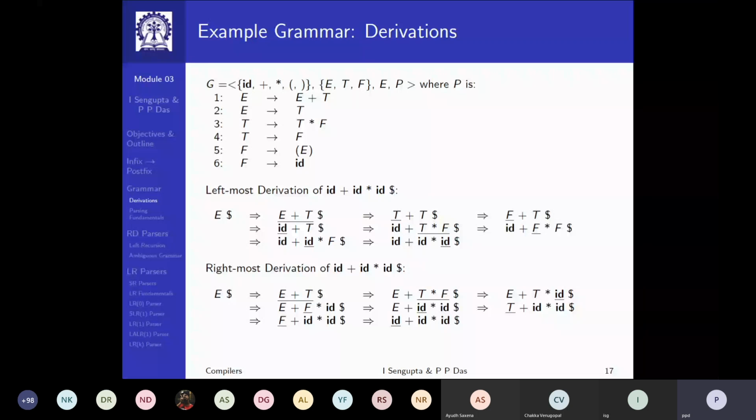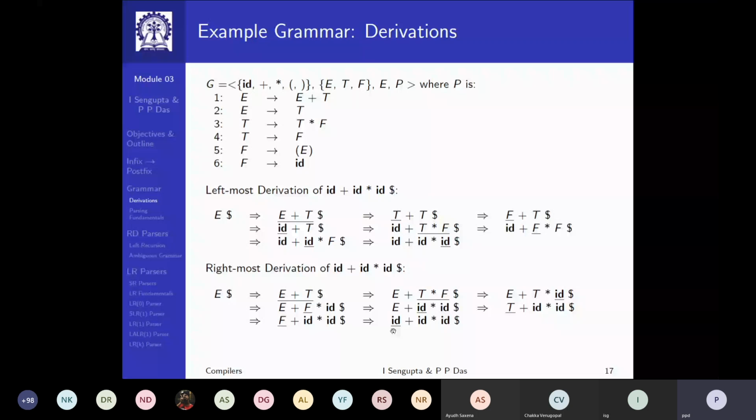So what I mean here is the leftmost or forward way of deriving is quite obvious, replacement by the production rule. The reverse way is like this: if you consider this in the rightmost derivation, if you consider this ID plus ID star ID, this last ID is the last one that was produced in the forward direction.